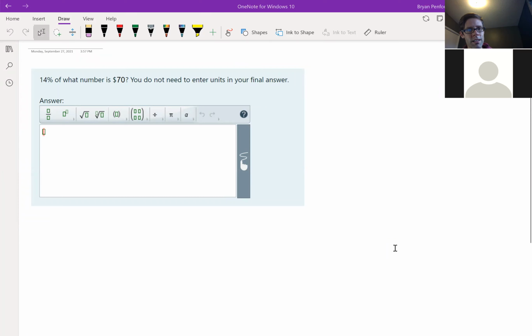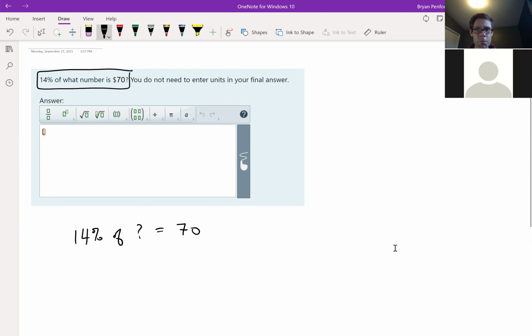So 14% of some number is 70. What we typically did during those early lessons was we said, let's convert 14% to a decimal number, and let's convert the word "of" to a multiplication.